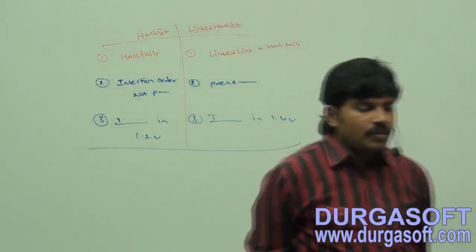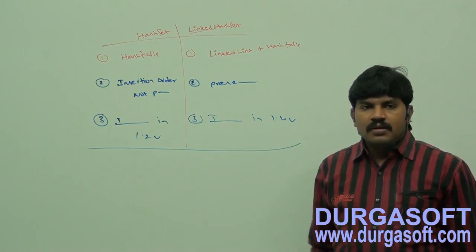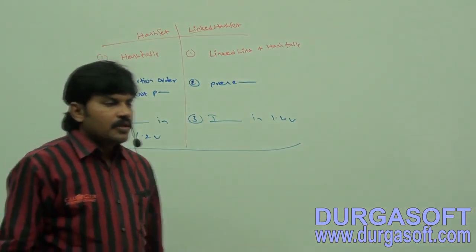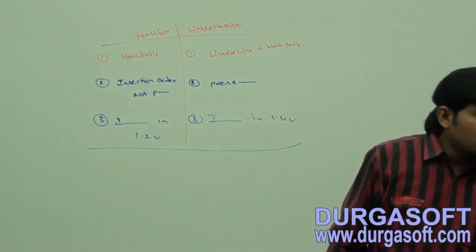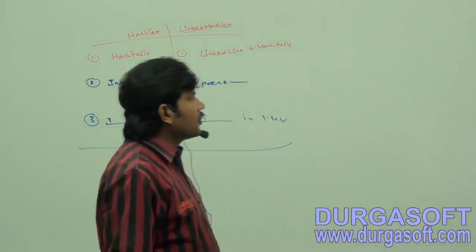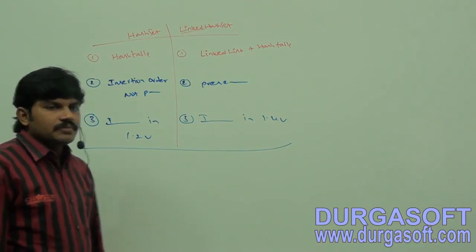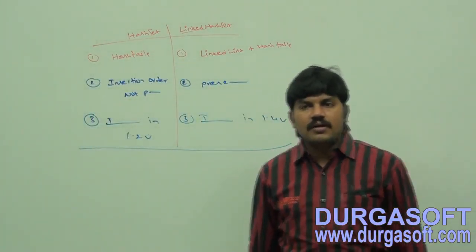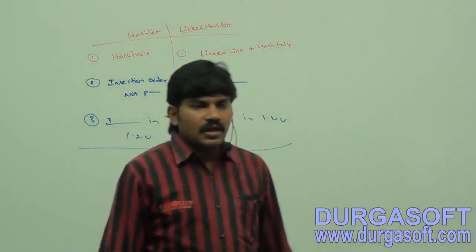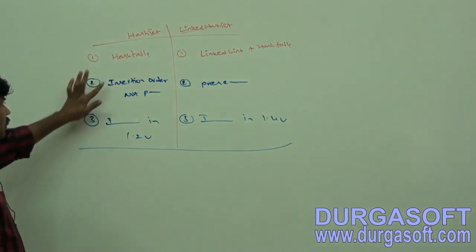On the other side, the underlying data structure is a combination of linked list and hash table.